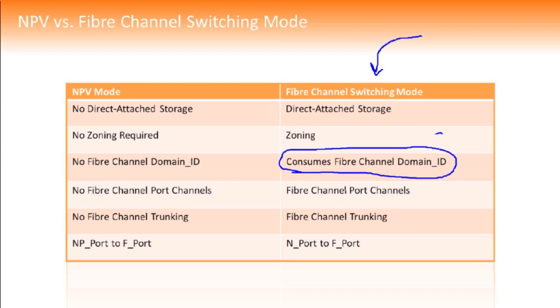And there's only 239 of those that are available for defining domains. So this can have scalability issues. Notice with Cisco's N-port virtualization approach, we don't even consume one of these fiber channel domain IDs with this infrastructure.